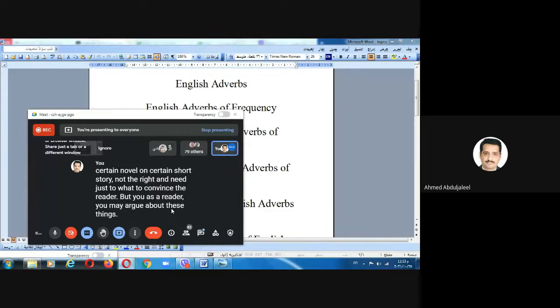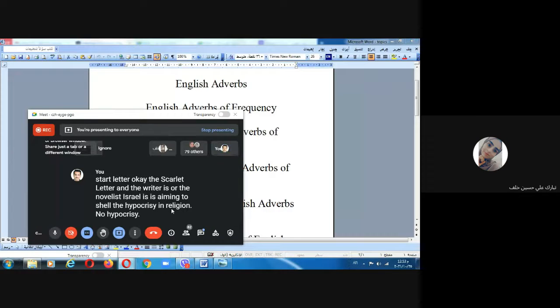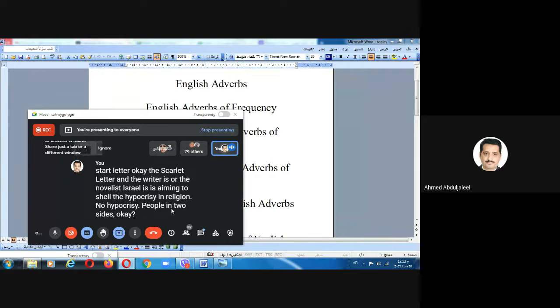For example, when we talk about The Scarlet Letter, the novelist is aiming to show the hypocrisy in religion. You know hypocrisy? In two sides: you feel something, but you do something different.